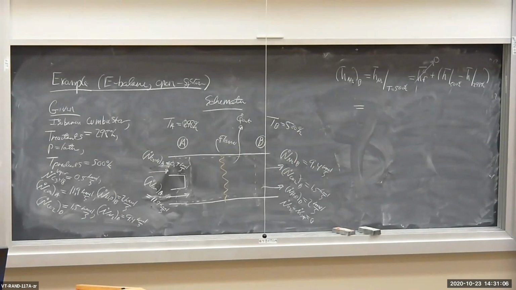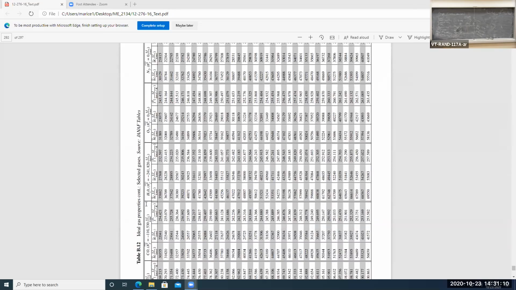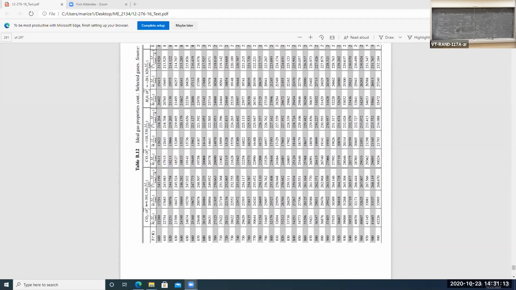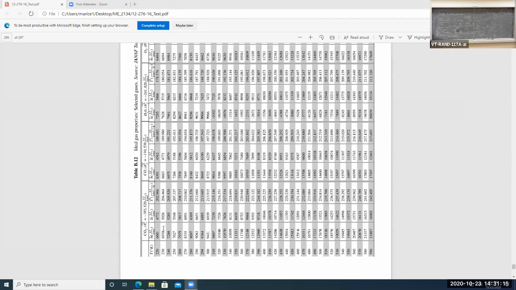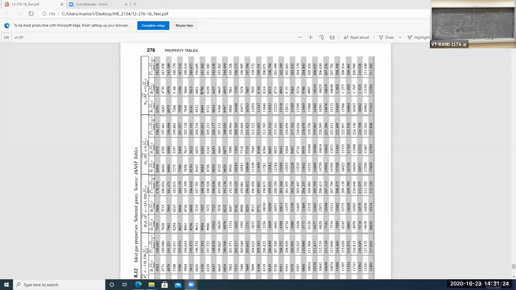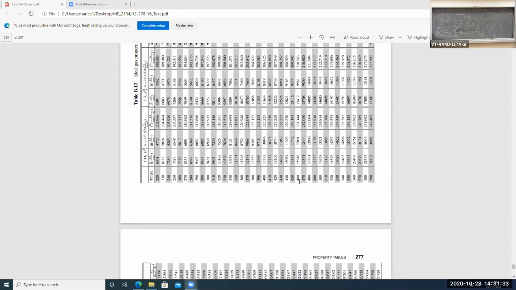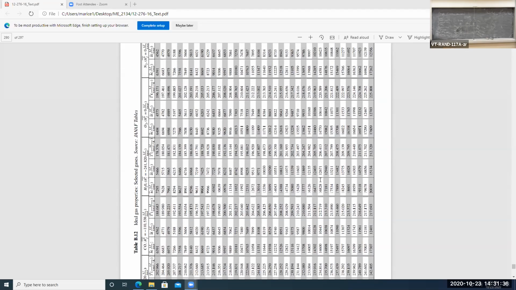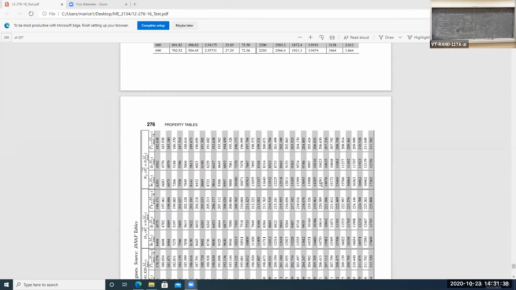So we go to B12, nitrogen. At the reference temperature, 298, it is 8669 kilojoules per kilomole, and at 500, it is 14,581.